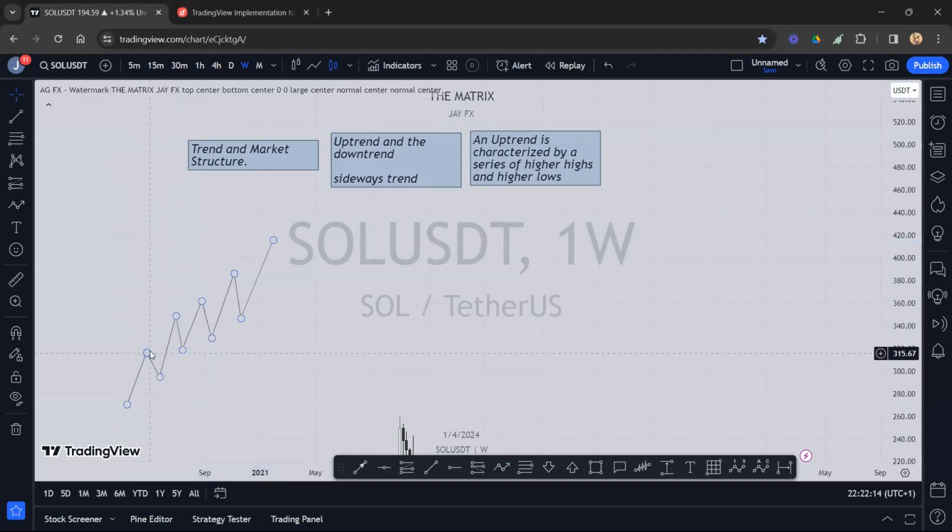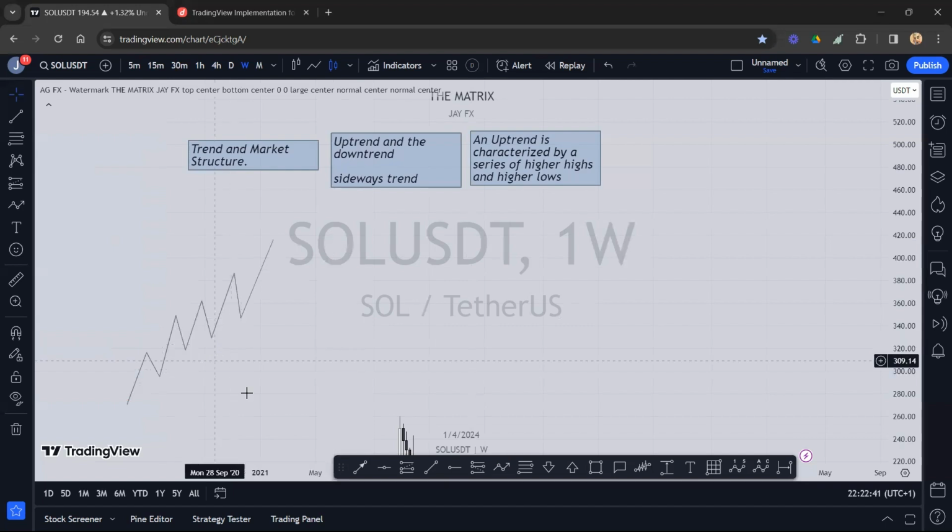So you can see it's higher high, higher low, higher high, higher low, higher high, higher low, higher high, higher low, higher high. So you can see this is what we call an uptrend.